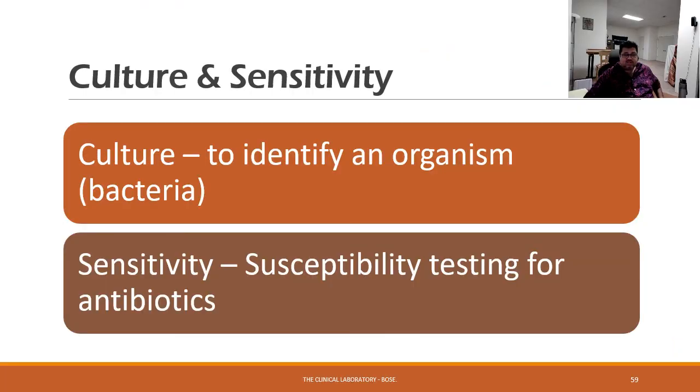Now, culture and sensitivity is done to evaluate bacterial infections in blood and urine and CSF and other tissues. So, culture means to identify a bacterial organism. Sensitivity is done to do what is called susceptibility testing, to see what kind of antibiotics will kill that bacteria.